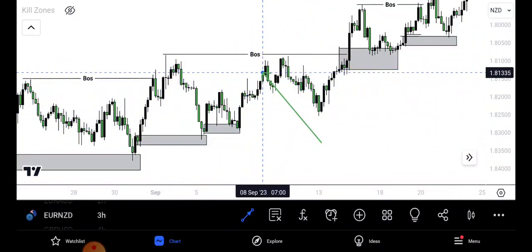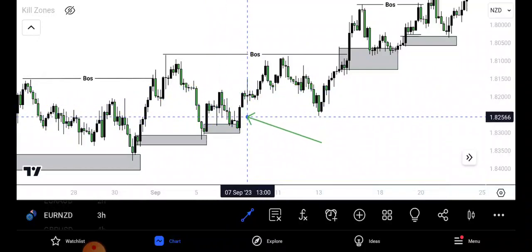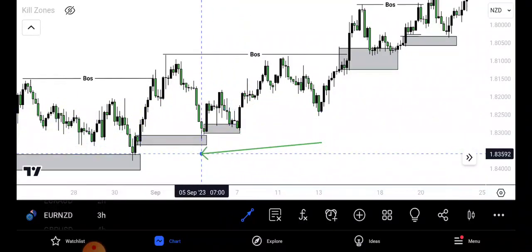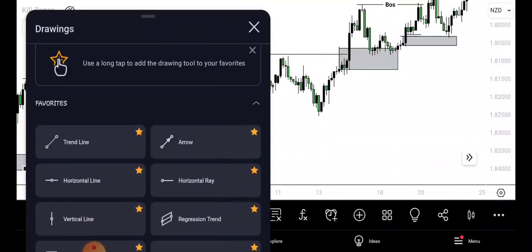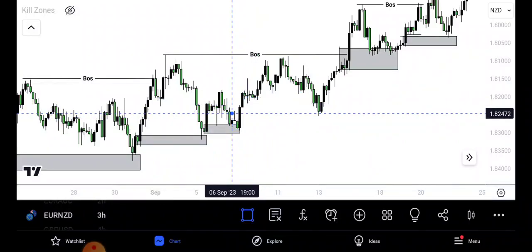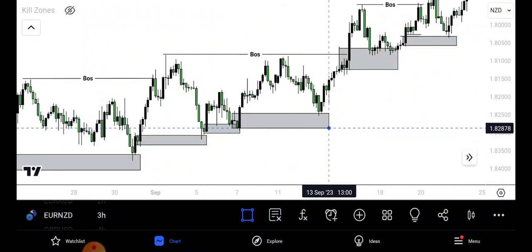After this massive push, broke this minimum structure, leaving behind imbalance and an order block, right? And if I zone that up, you will see that yes, literally the market came back to fill up that imbalance, mitigate off that order block, and move up. So this is how an order block works, and that is what an order block is.